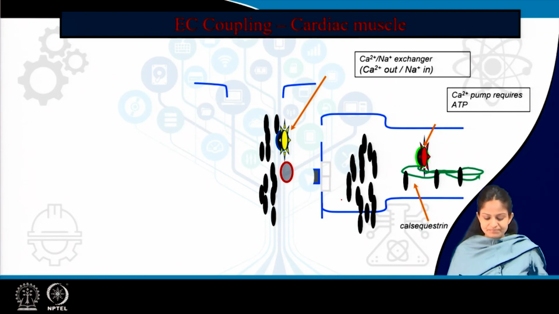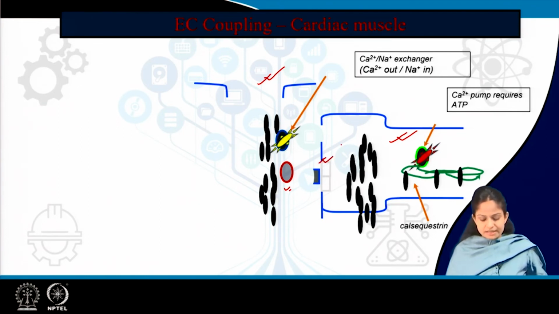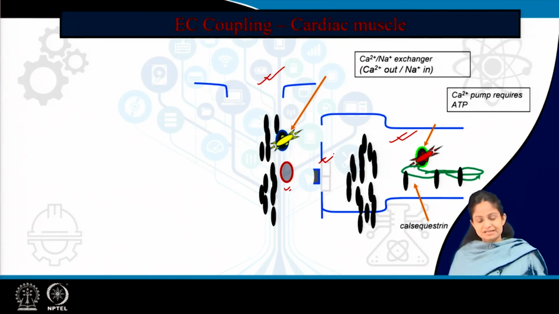Now, this is the diagram which we can see. This is the T tubule and this is the sarcoplasmic reticulum, which has already been mentioned. This is the L type of calcium channels and here we have the ryanodine receptors. The other pumps are mainly responsible for muscle relaxation.